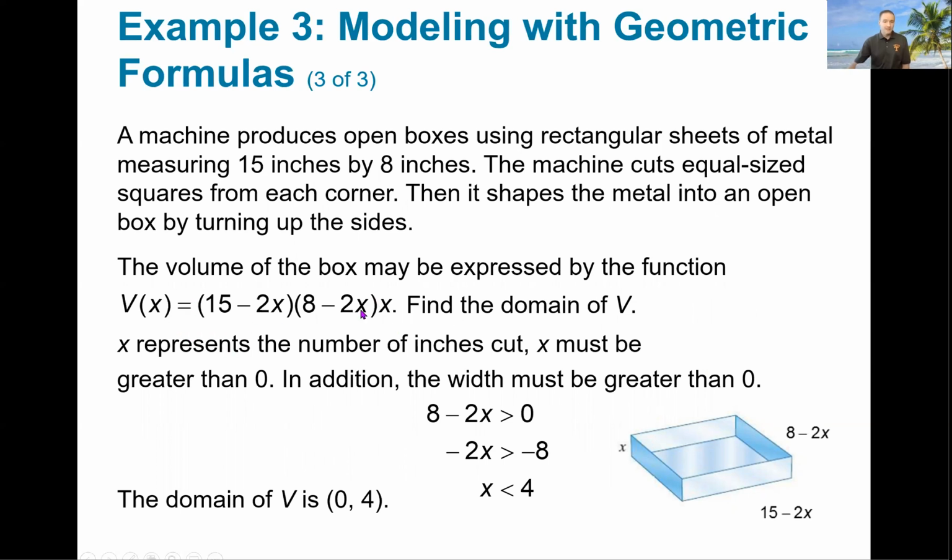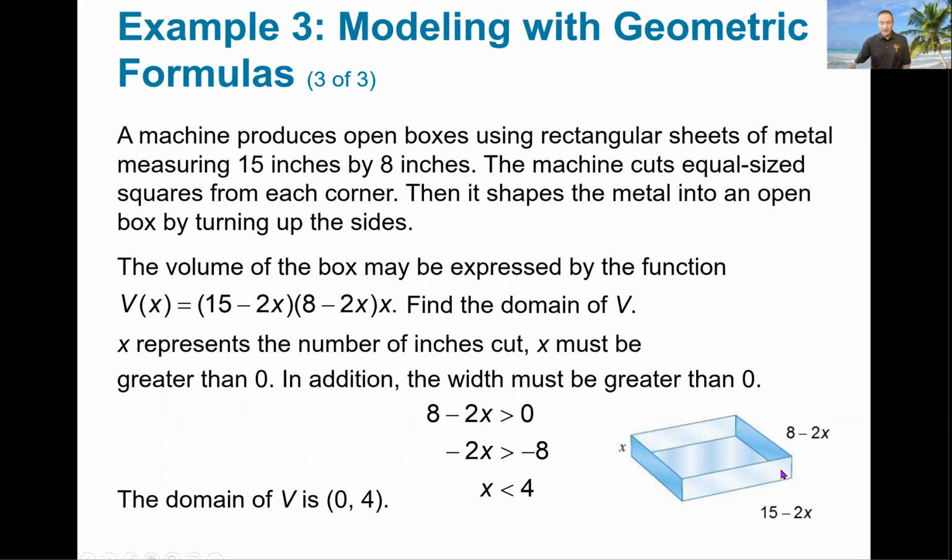In this case, instead of getting the polynomial, I went ahead and asked you what the domain for this function is. When you think about the domain, all that you need to remember is that all of the dimensions have to be greater than 0. So the height clearly has to be greater than 0, and the length and the width have to be greater than 0.